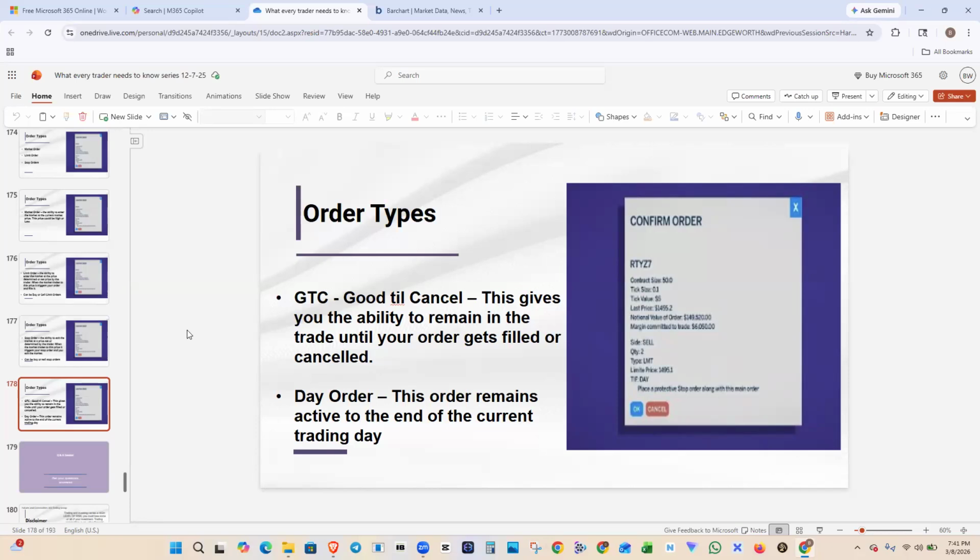This gives you the ability to remain in the trade until your order gets filled or canceled. The second is a day order. This order will be open until the close of business that day. If it's not filled, it will cancel.